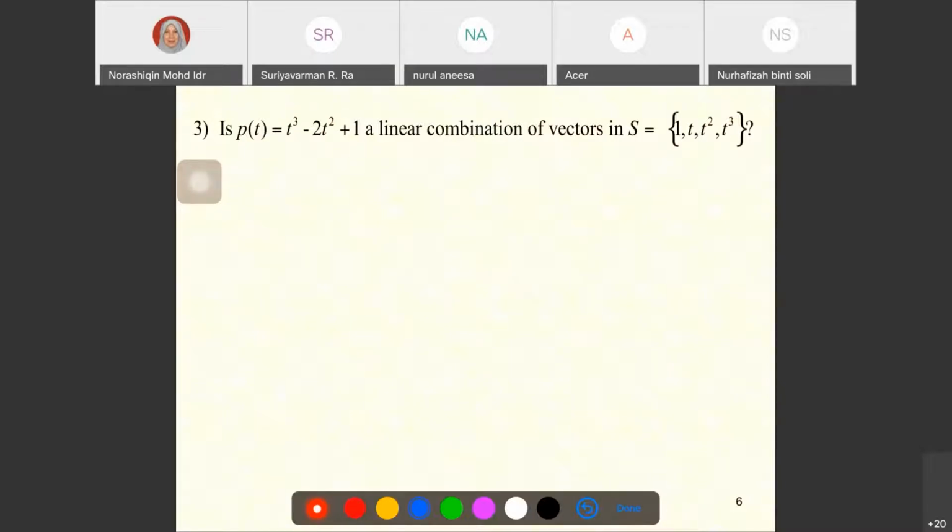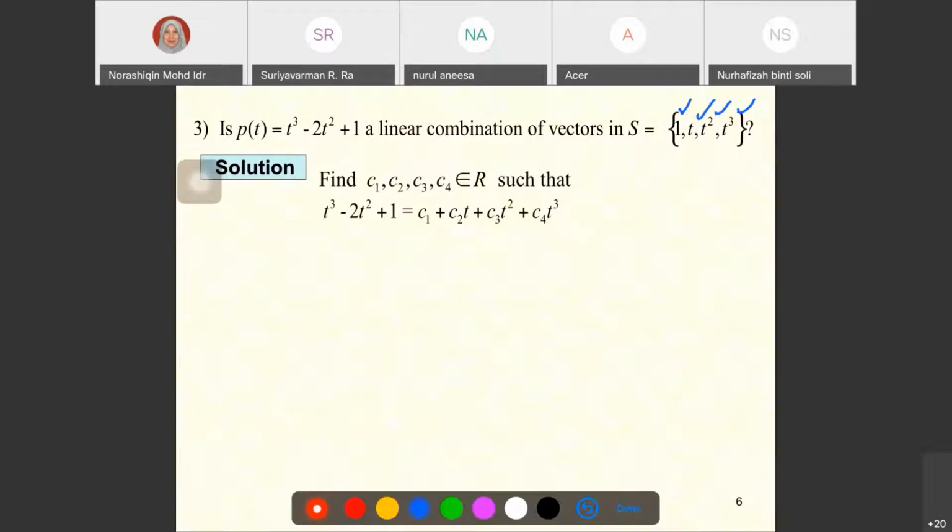How many C's do you want to find here? 3? 3 kah? 4. Kita ada ni. So it should be 4. Yeah. So we want to find C1, C2, C3, C4 such that t cubed minus 2t squared plus 1 equal to C1 times 1 plus C2 times t plus C3 times t squared plus C4 times t cubed.